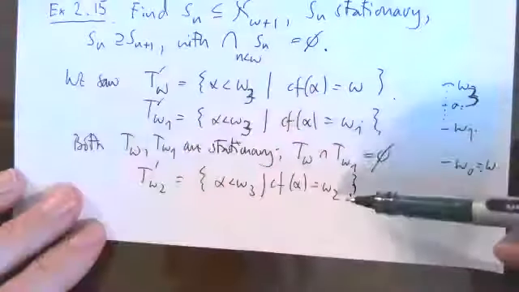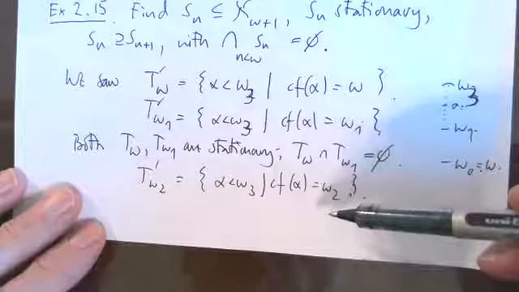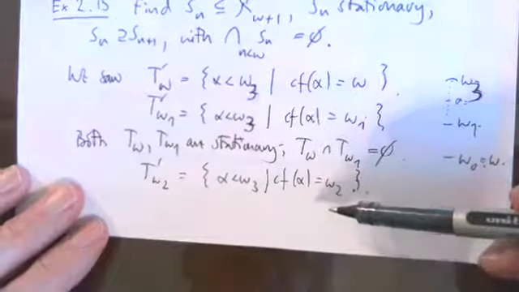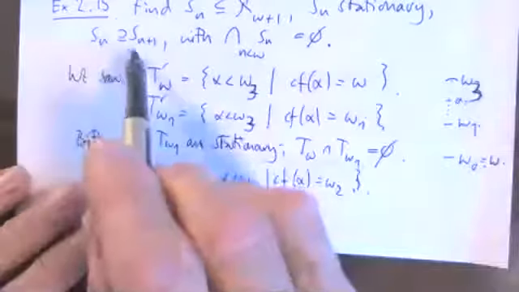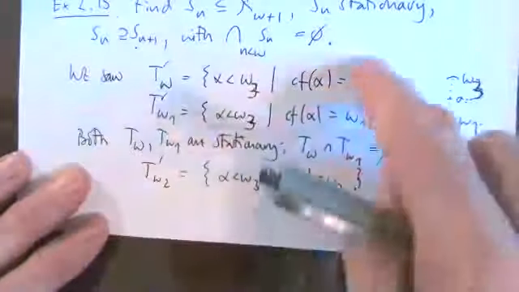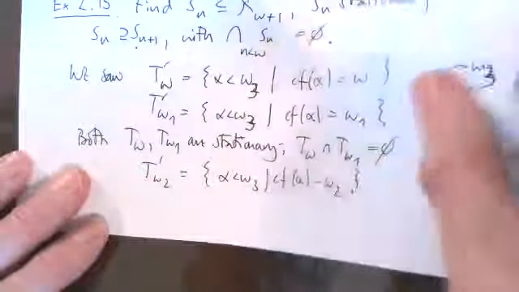So I could get a descending sequence of 3 sets like this, each stationary, by just taking unions, of course.